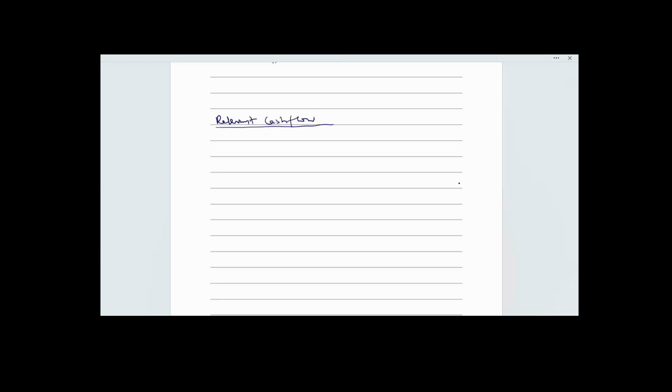It is important for you to understand how to identify relevant cash flows in a question, because on the day of your exam, a scenario will be painted, and then the examiner will scatter the question for you.